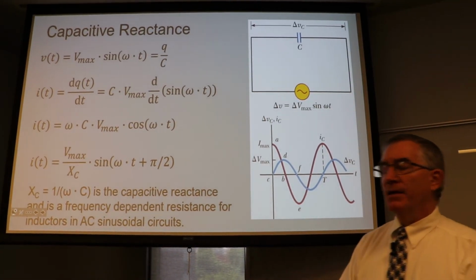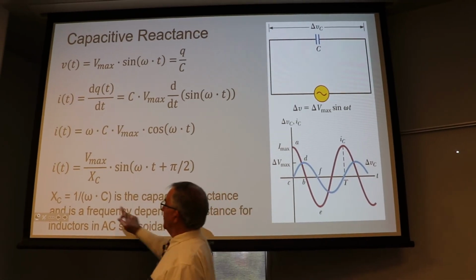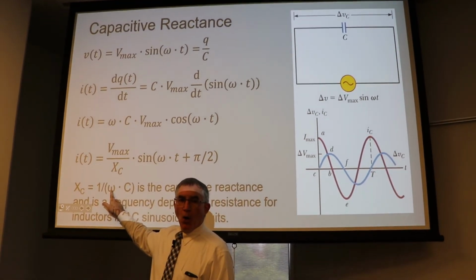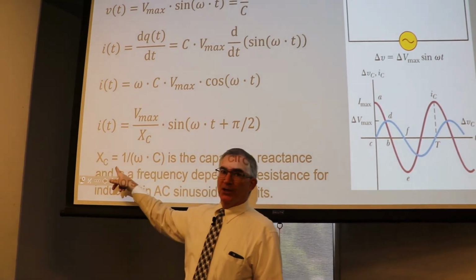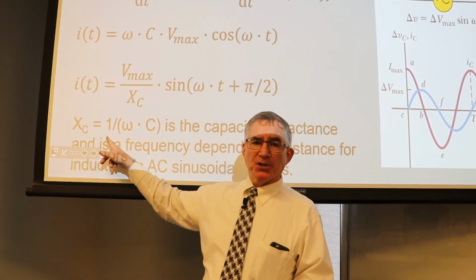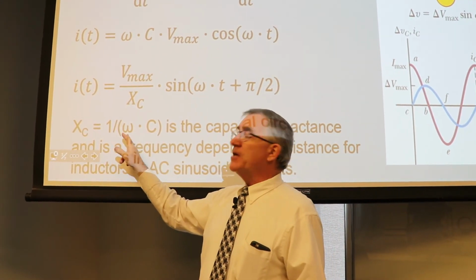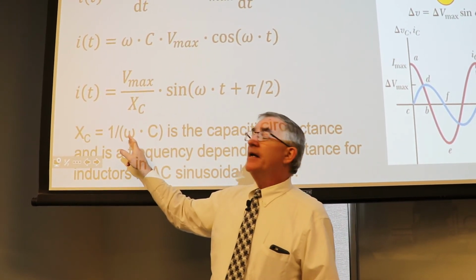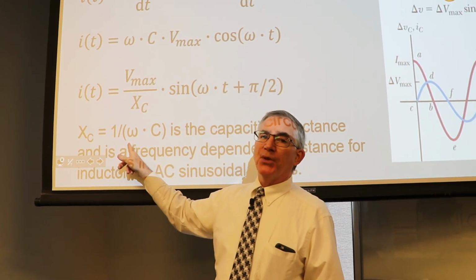All right, what does that mean? That means that when the frequency is low, the capacitor really has an effect on the circuit because you've got enough time to charge up the plates. Whereas if the frequency is really, really high, then there's no time to charge up the plates.